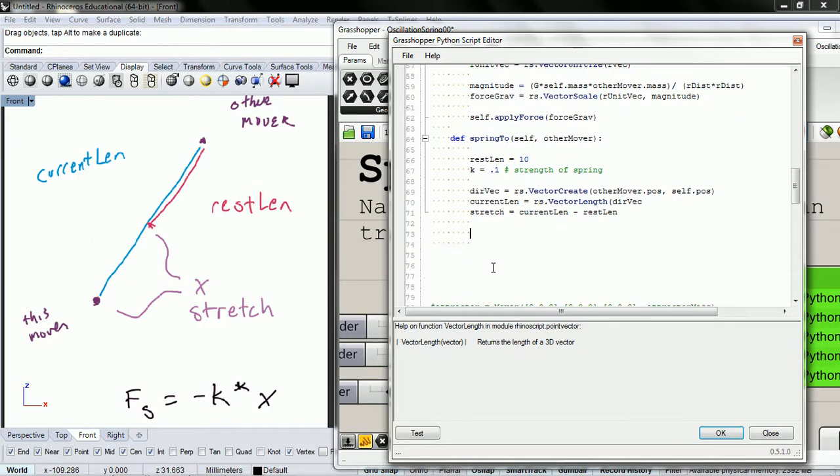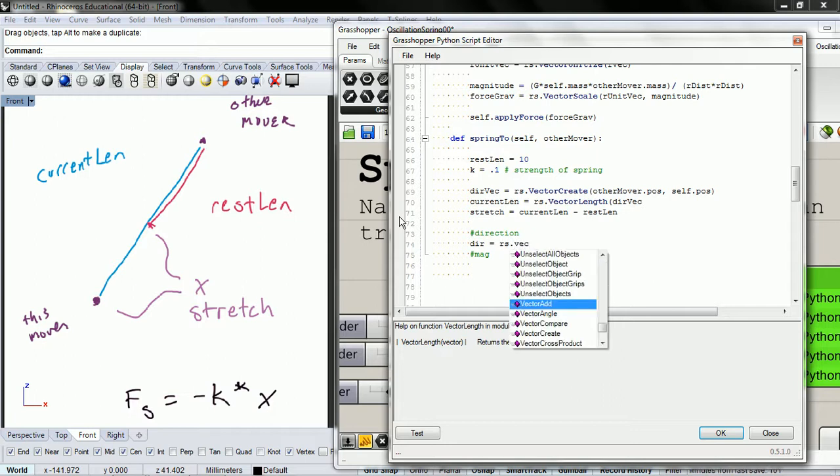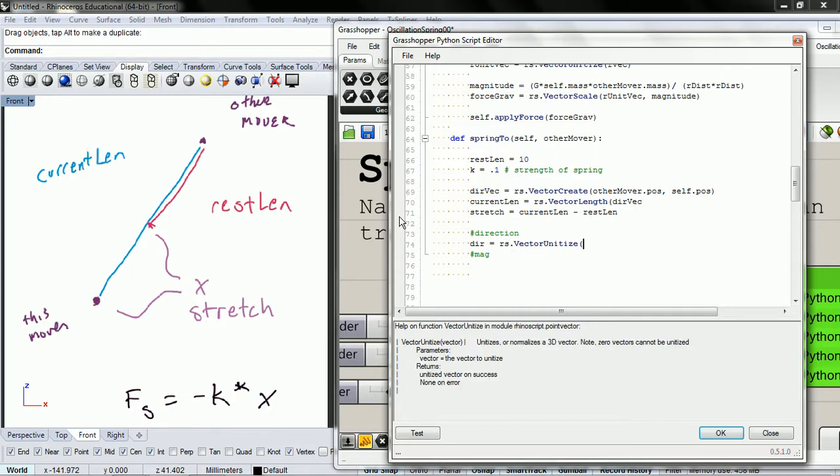And so now that we have that information, we want direction and magnitude. The direction is just the direction vector unitized, so we're just going to call this direction equals rs.vector_unitize, and we're going to pass in direction_vector.